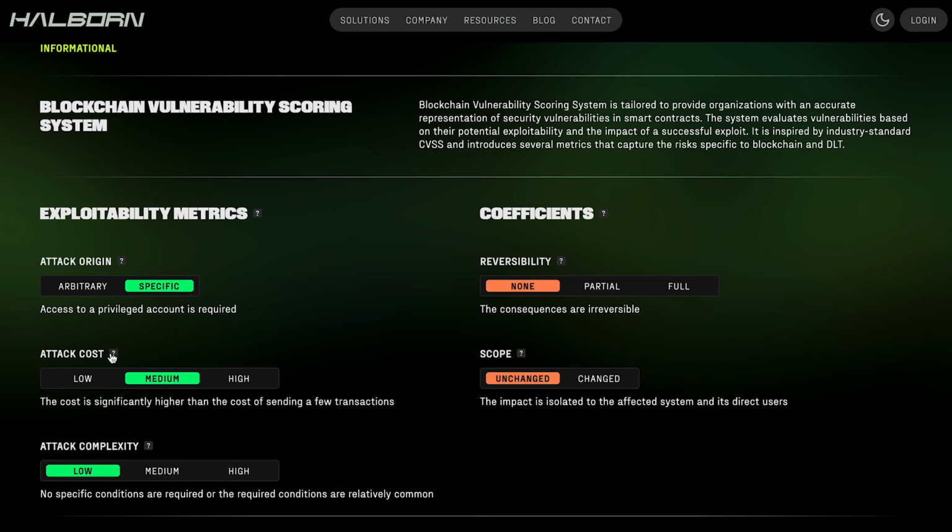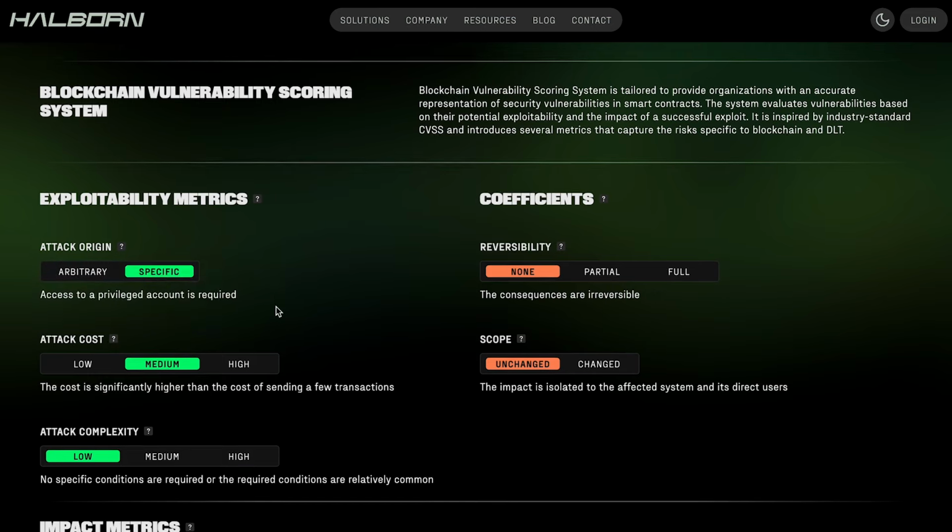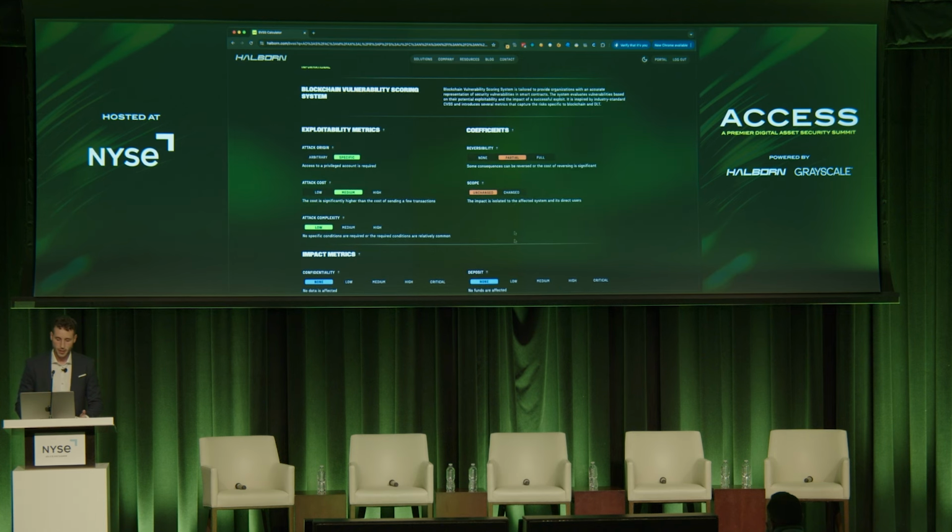You can even get some help on what the metrics really are. Halborn will be using that for every single on-chain engagement. And we are really proud to try to be the standard in the blockchain ecosystem and have our own BVSS calculator public for everyone to test and see.